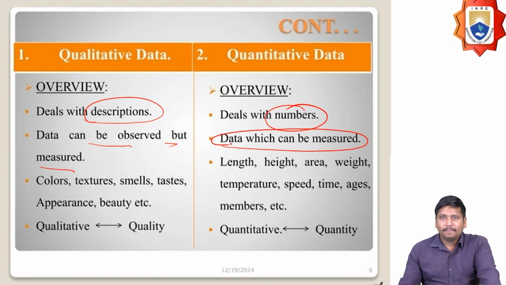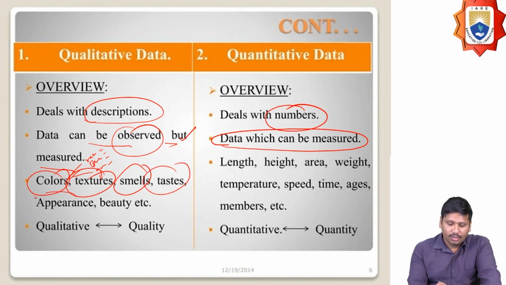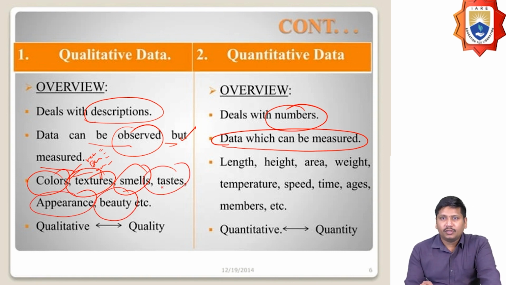Examples of qualitative data are colors, such as red, blue, green. Are there any units for this? No units, so it is qualitative. Textures, smells, tastes, appearance, beauty: these are examples of qualitative data. Qualitative means quality, simply.